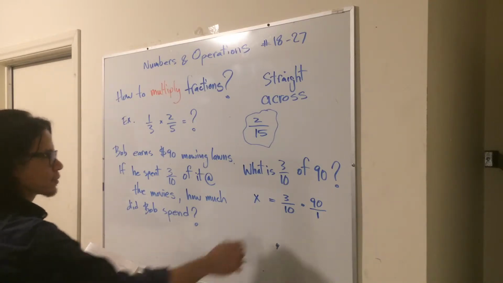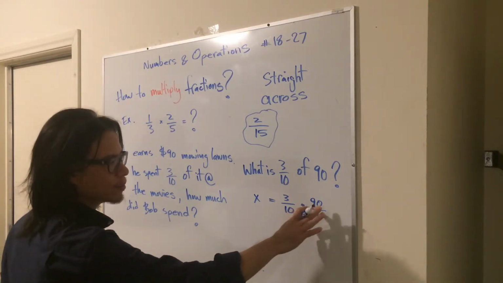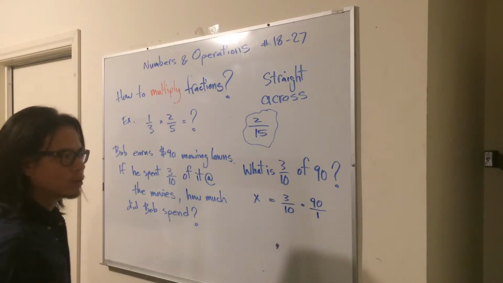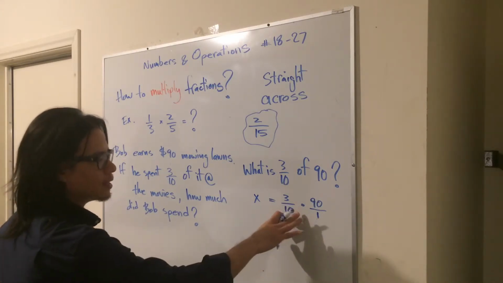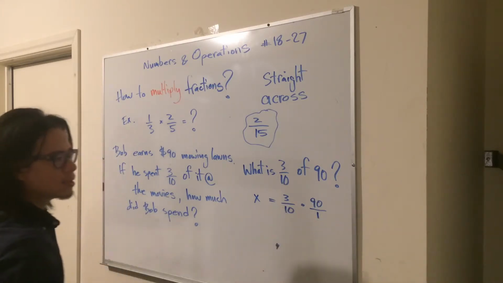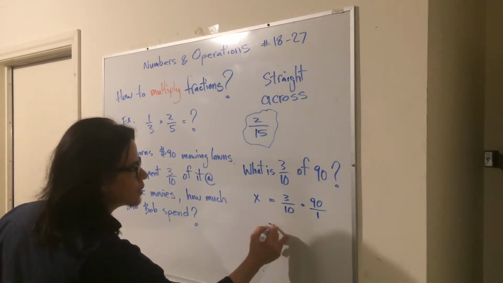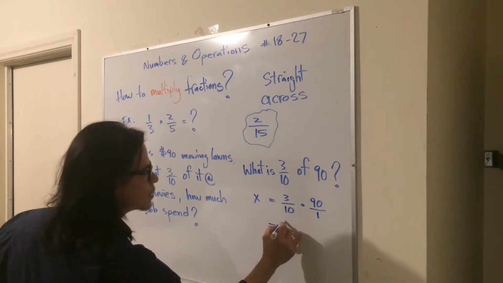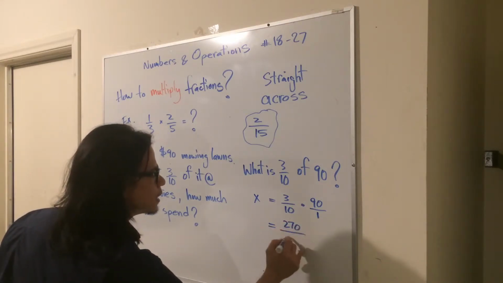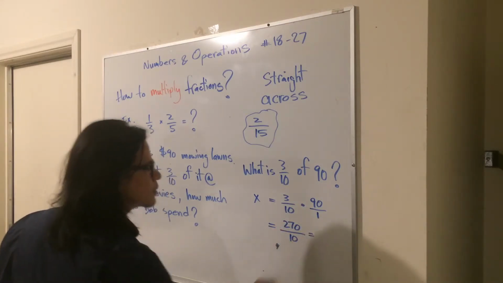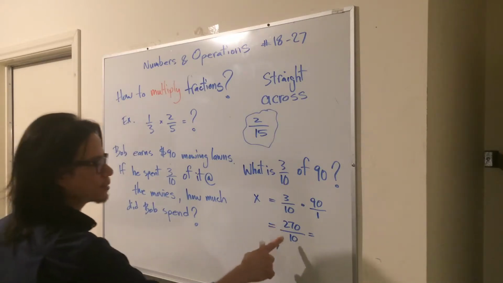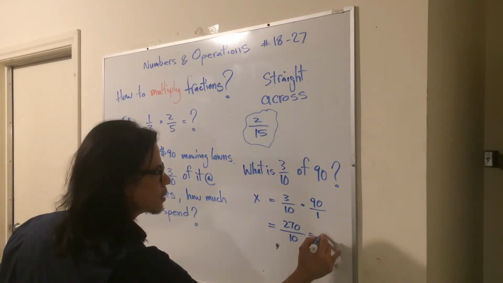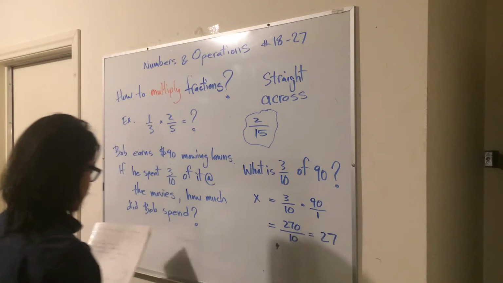It's not common for you to write a whole number over 1, but when you want to multiply fractions, that's what we need to do. So multiply fractions straight across. 3 times 90, 10 times 1. You can reduce this to simply 27.